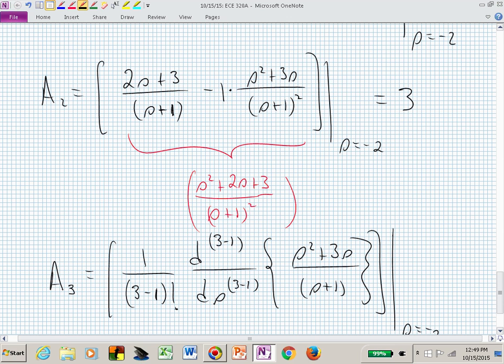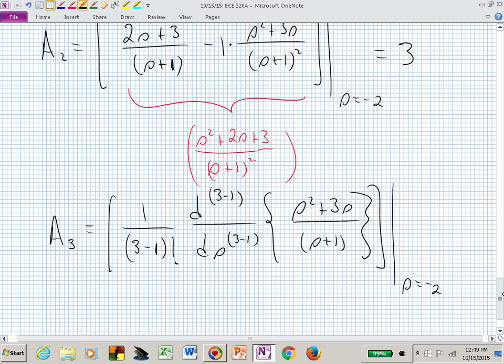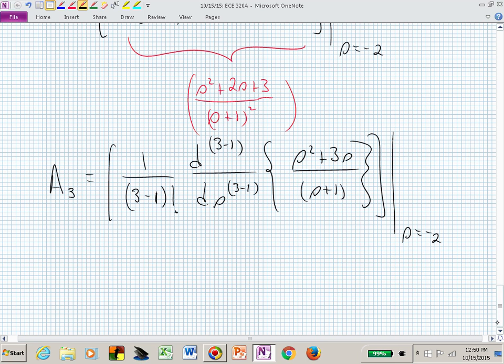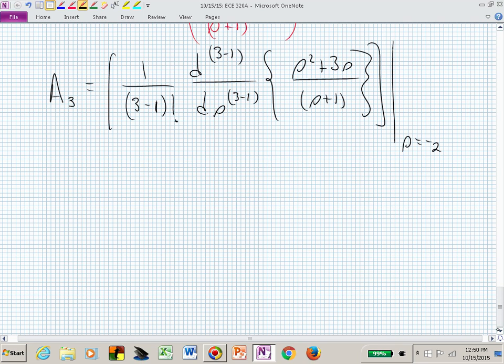A sub 3 now is going to be the same thing that we started with, which is the (s plus 2) cubed times v of s. We'll differentiate that twice, but we already differentiated it once, and that gave us the red. So why don't we just differentiate the red once to find what we need in a sub 2, or I'm sorry, in a sub 3.